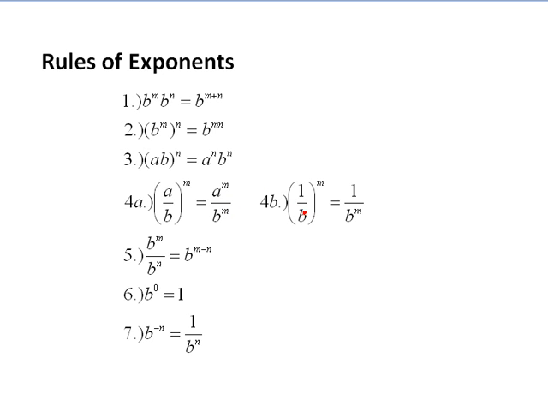Here's a little thing that happens here with the number 1 when you distribute that number inside the parentheses. 1 raised to any number still remains as 1. Alright, now here's a very important one. When we have a fraction of an exponent divided by an exponent, we subtract the exponents.